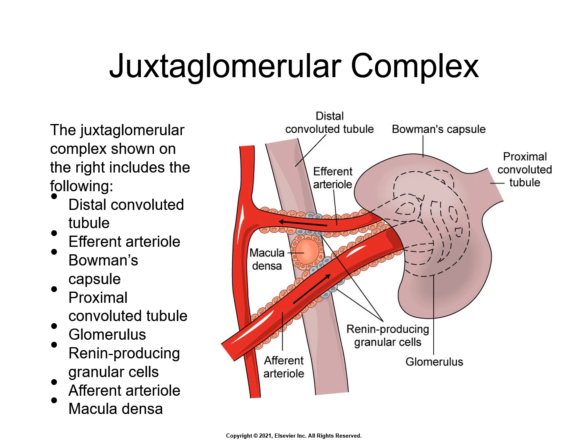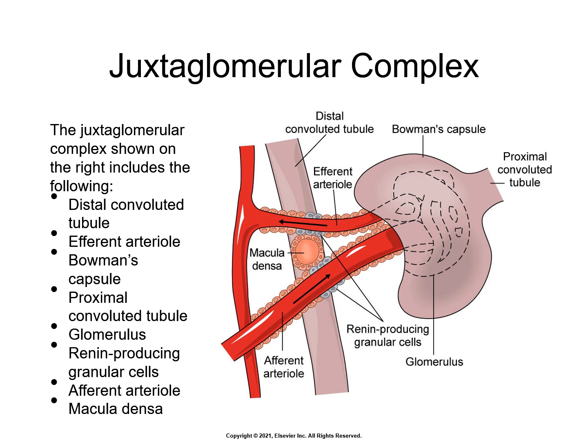Now here's your juxtaglomerular complex. This little rascal sits right in this area, and it has the distal convoluted tubule, this one. It has the efferent arteriole. It has that Bowman's capsule, which houses what?